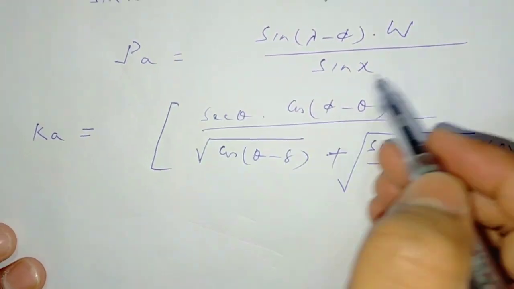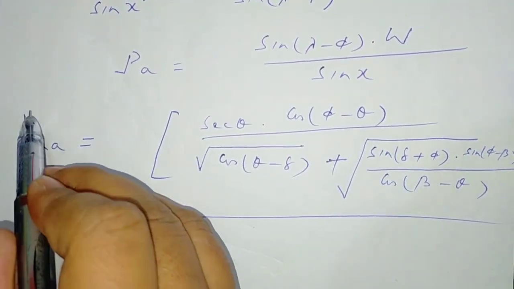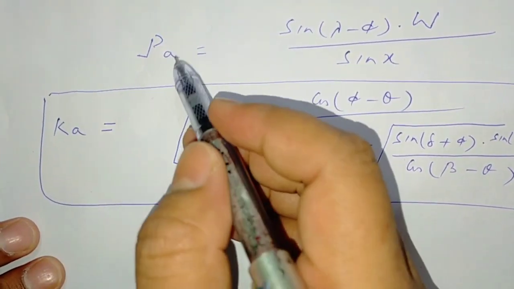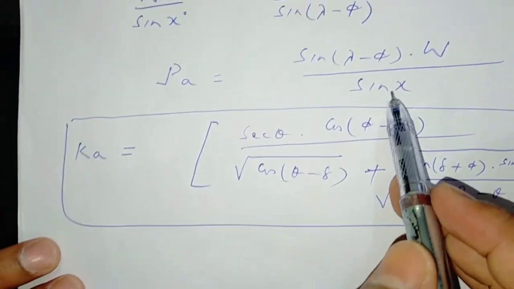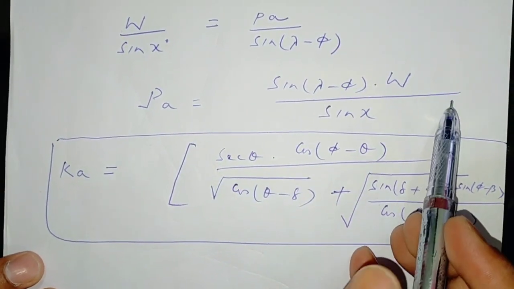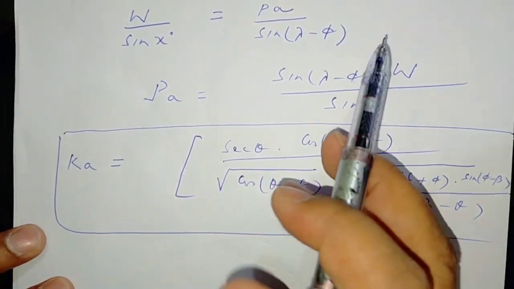Once we solve this equation or differentiate, because the active earth thrust should be minimum, dPA by d theta should be 0. Once we solve dPA by d theta equal to 0, we get the coefficient of active earth pressure.